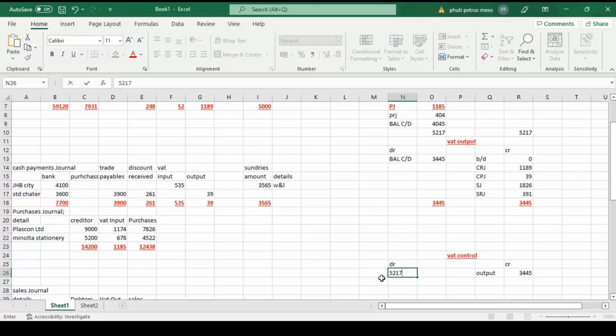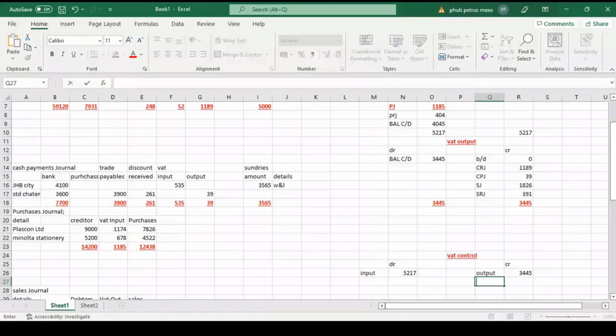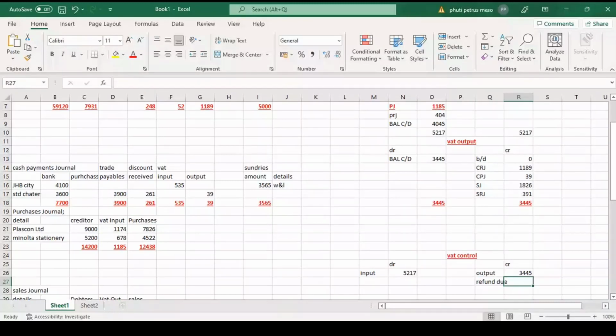5217. That's my input. And we can see my input is actually greater than my output, meaning that SARS owes me money. So what you just have to do is 5217 minus 3445, and then 1772 should be on the side to say that is due. 1772.